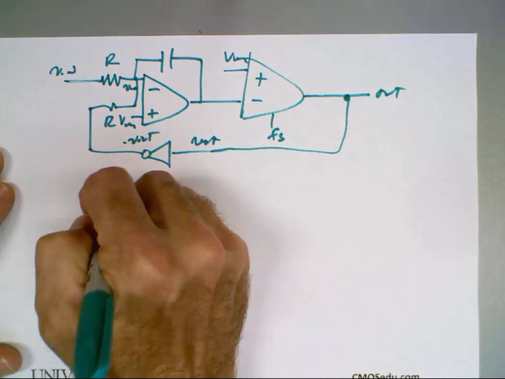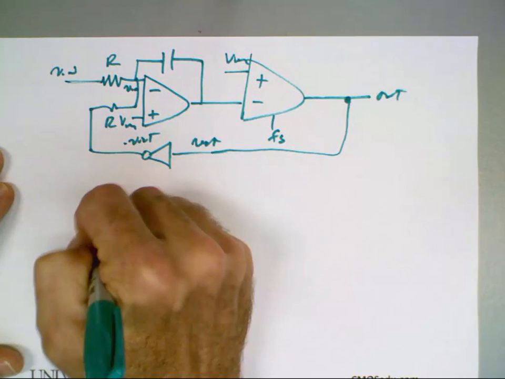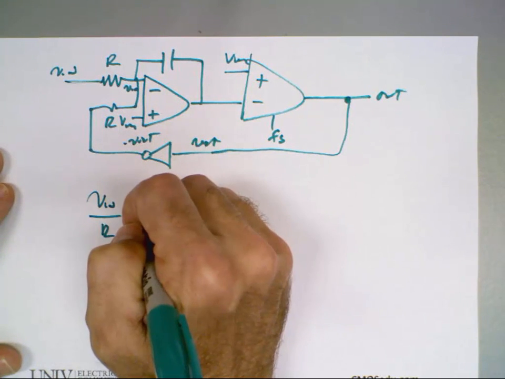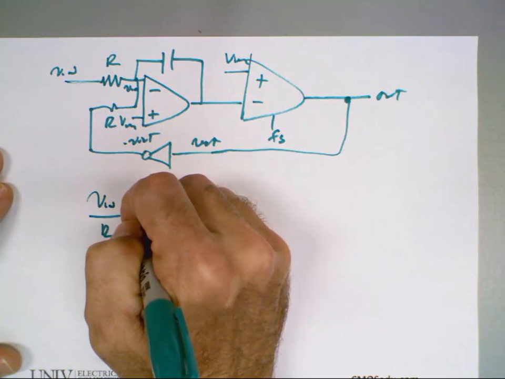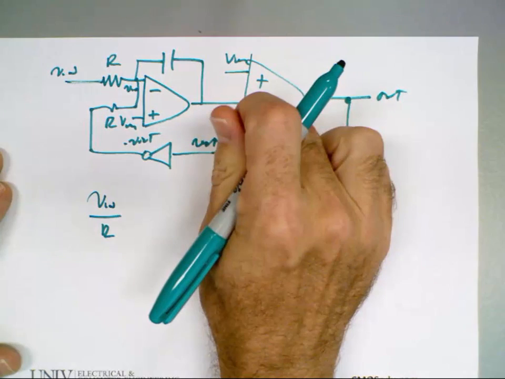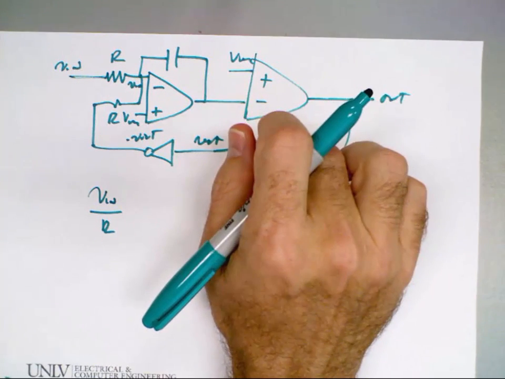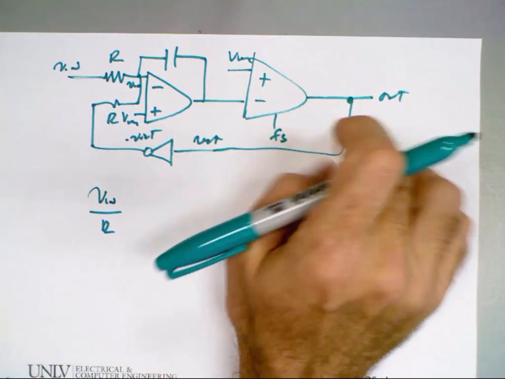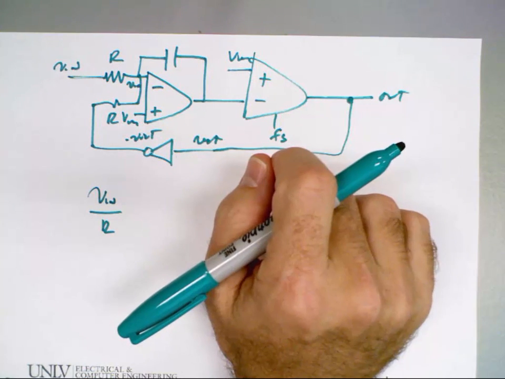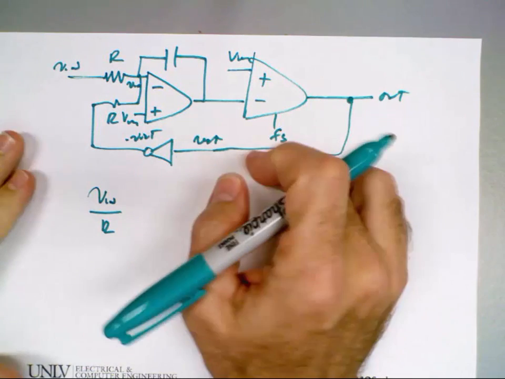Let's just write Vin over R. I could get rid of the inverter and use the output directly, but then my output would be inverted, which isn't a problem digitally. It's just that when you're learning, it's easier to see things matching.